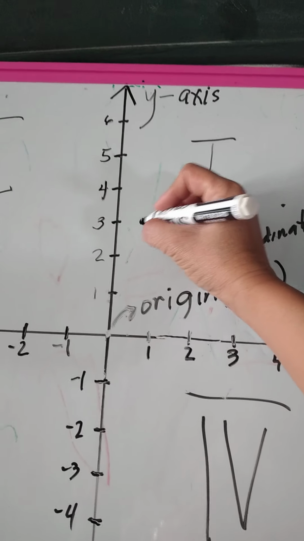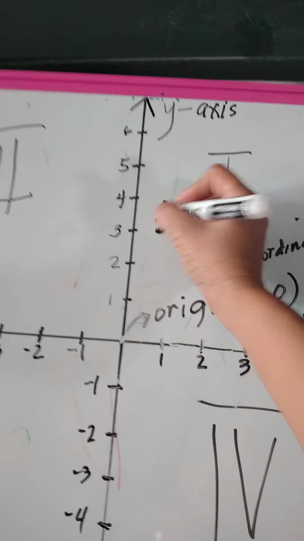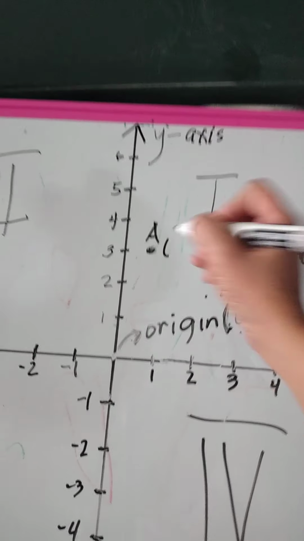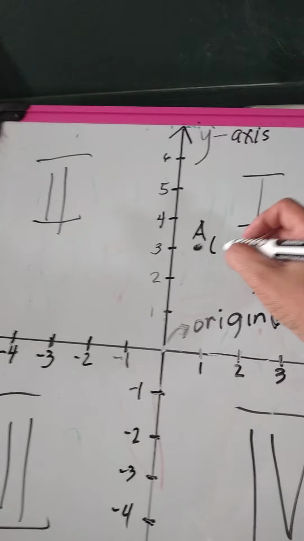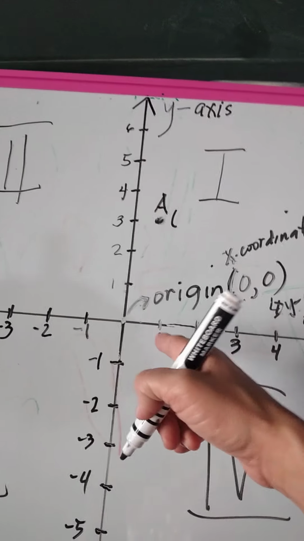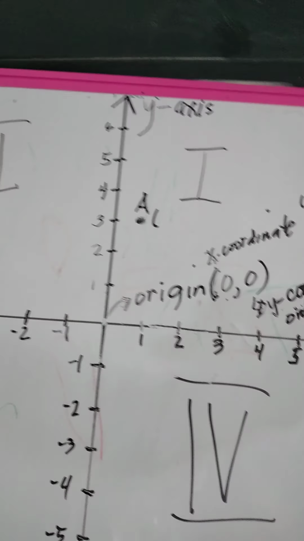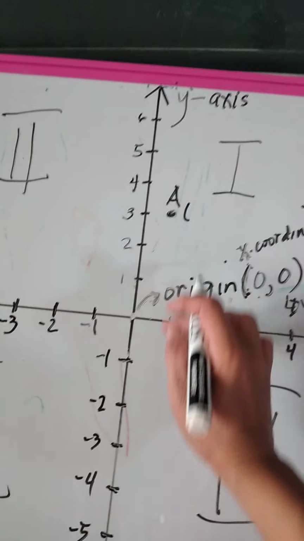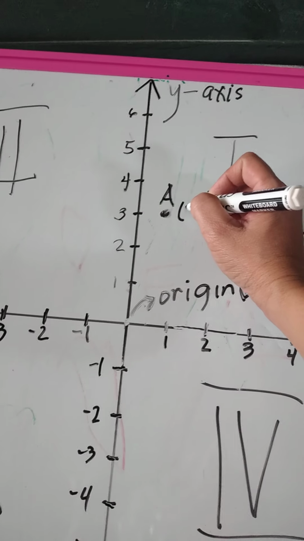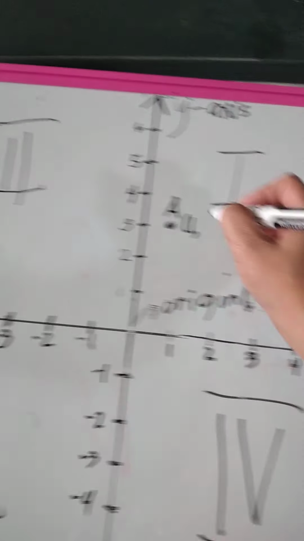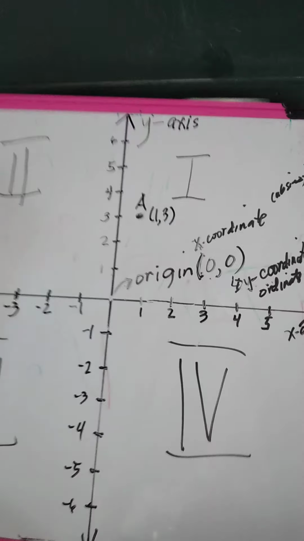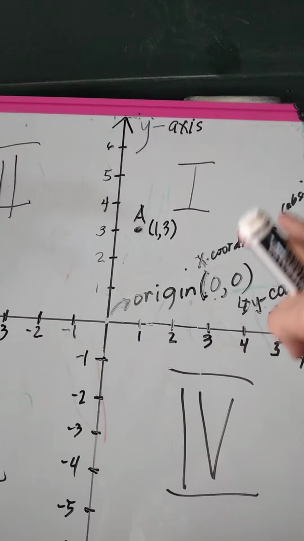So my point, I'll name it point A. And point A has coordinates, first, remember, we name the x-coordinate first. Look at your x-axis and align the point. Oh, it's in the 1. So 1 and positive 3. So all the points here in the first quadrant are positive.